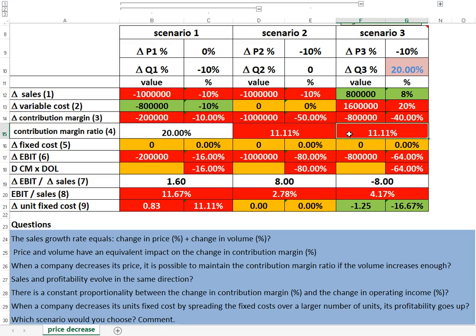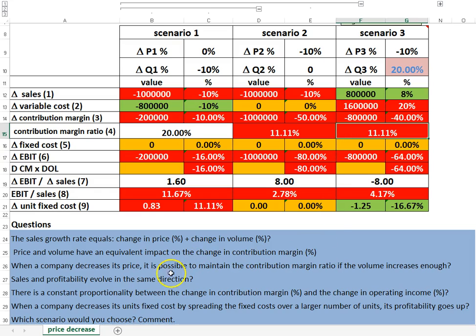So you can't offset a price decrease with an increase in volume when considering the contribution margin ratio. In fact, a contribution margin ratio represents the unit contribution margin for 100 euros of sales. So it doesn't depend on volume.